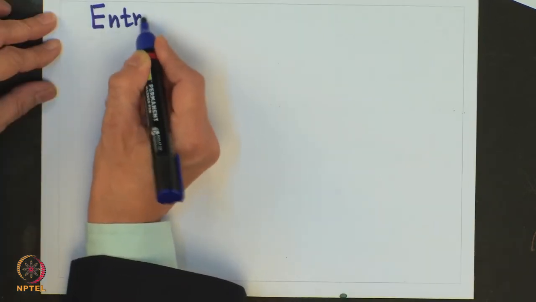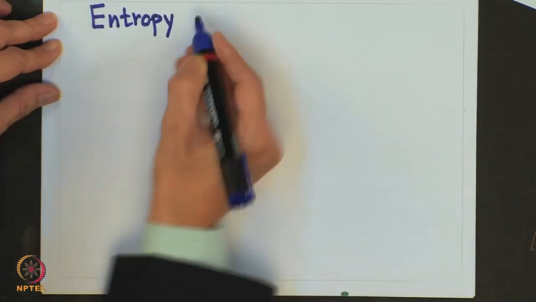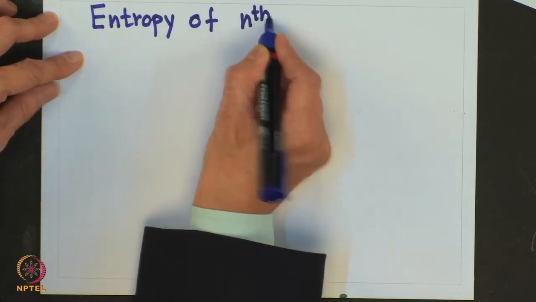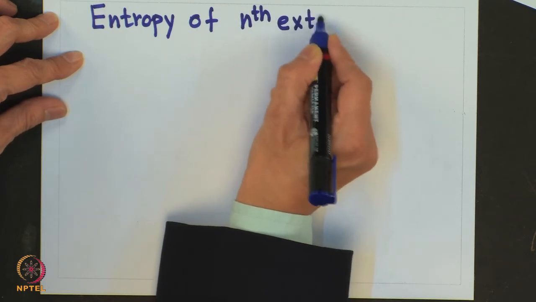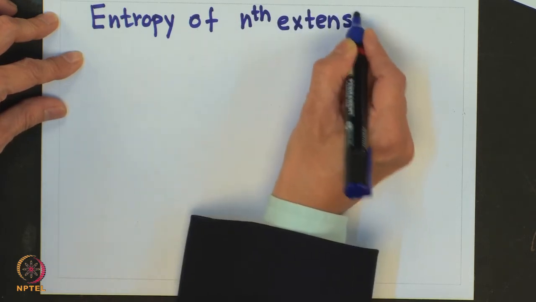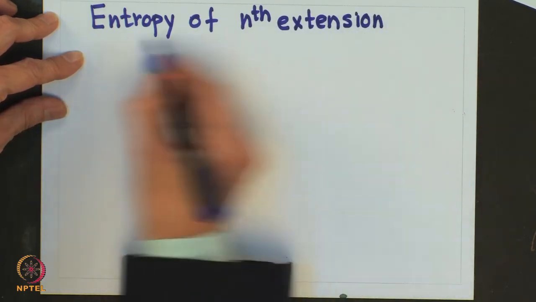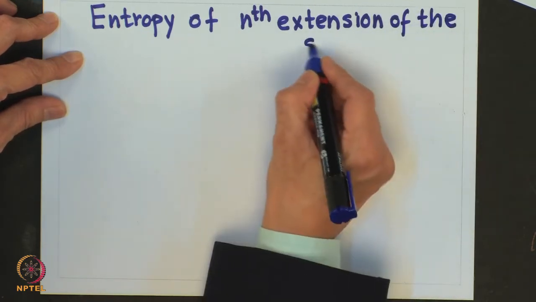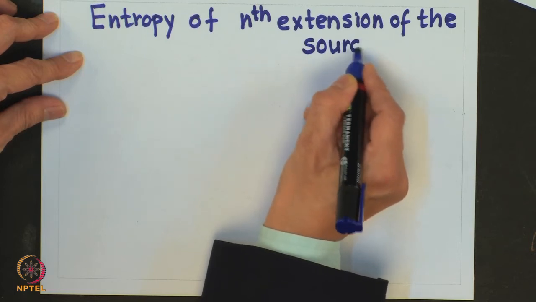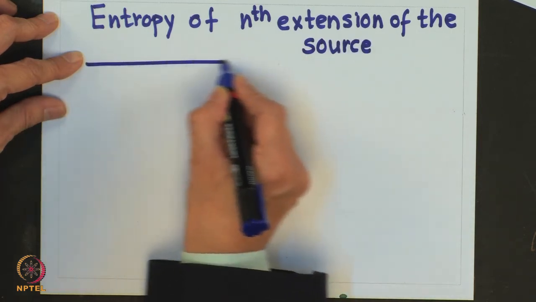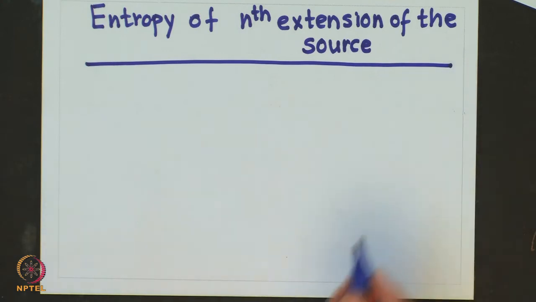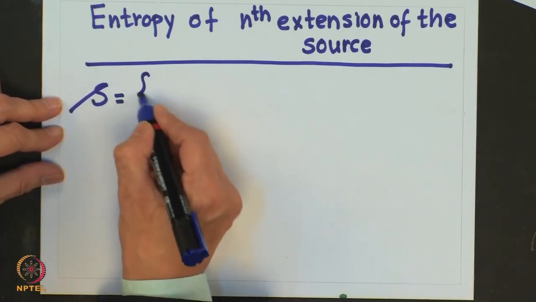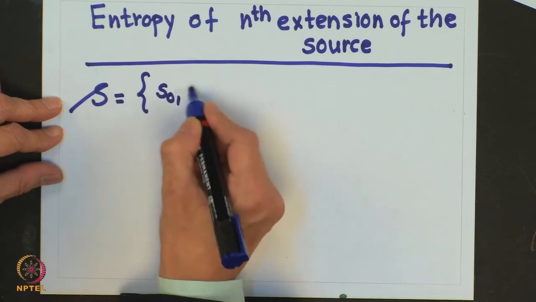So, the entropy of the nth extension of the source. I have my original source with the alphabet given as follows.